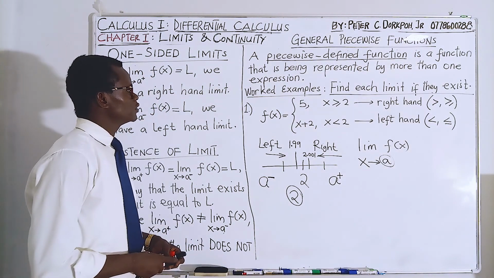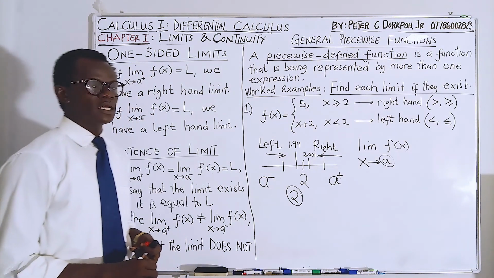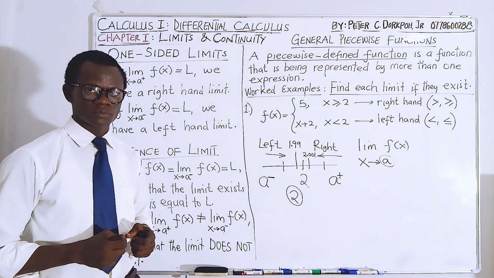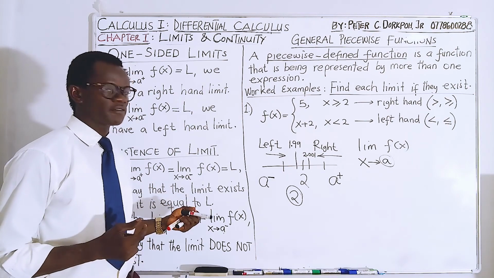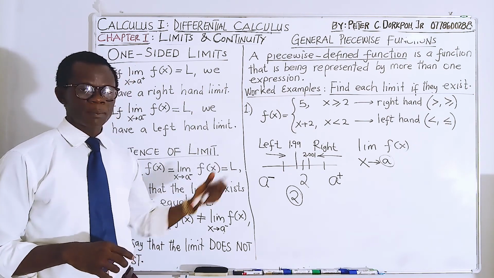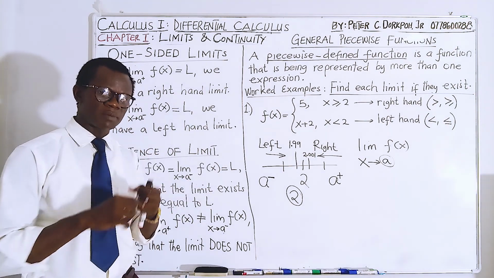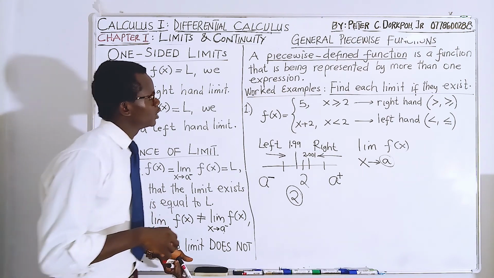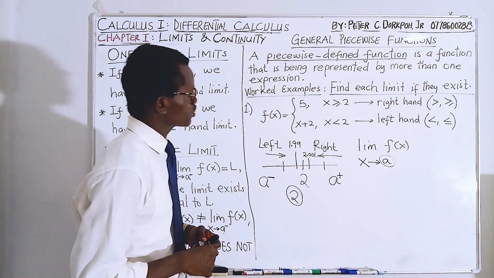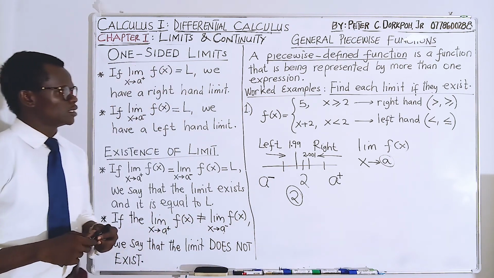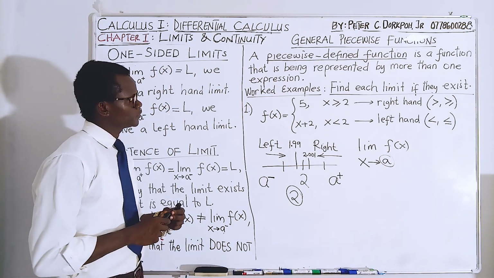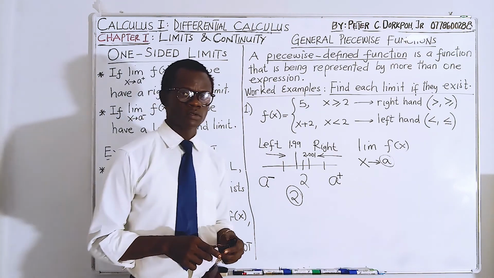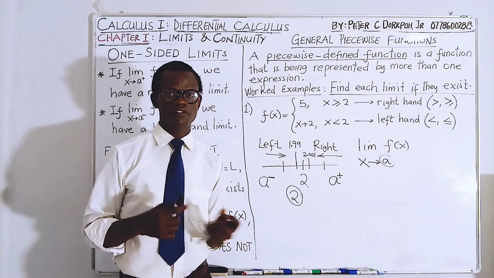Before we go to some examples, let's look quickly at the piecewise function, because most of the examples we'll be dealing with will be constructed as piecewise functions. A piecewise function is defined as a function that is represented by more than one expression or more than one function.